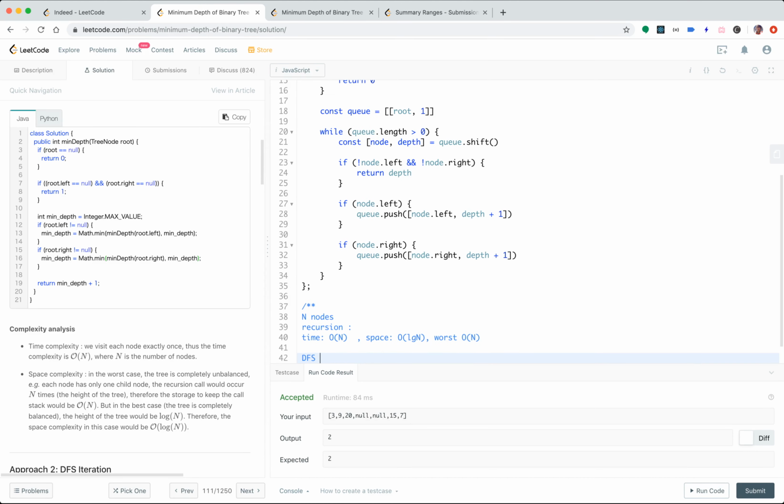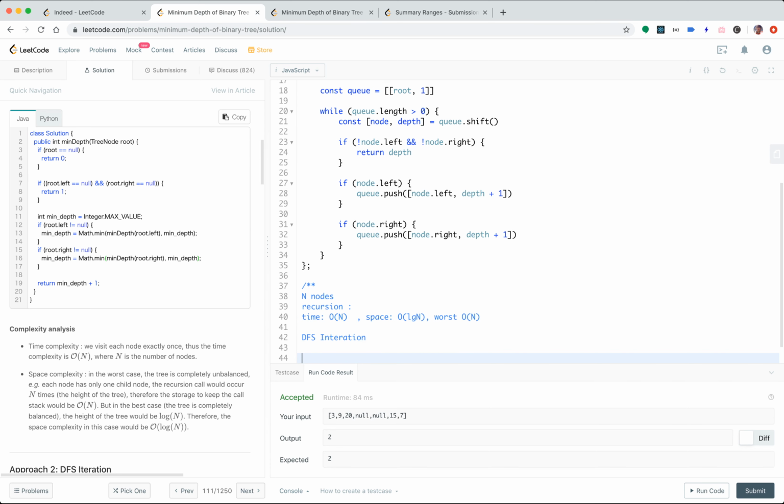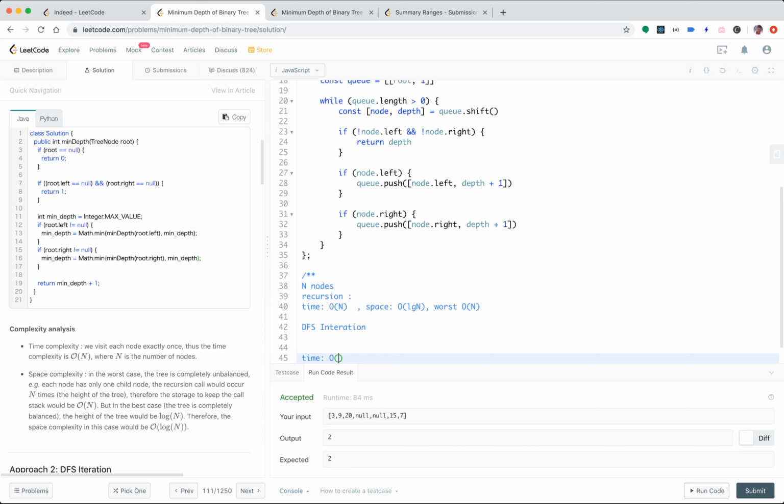DFS iteration: time is also O(n) because for each node we only traverse once. For space, we use a stack.